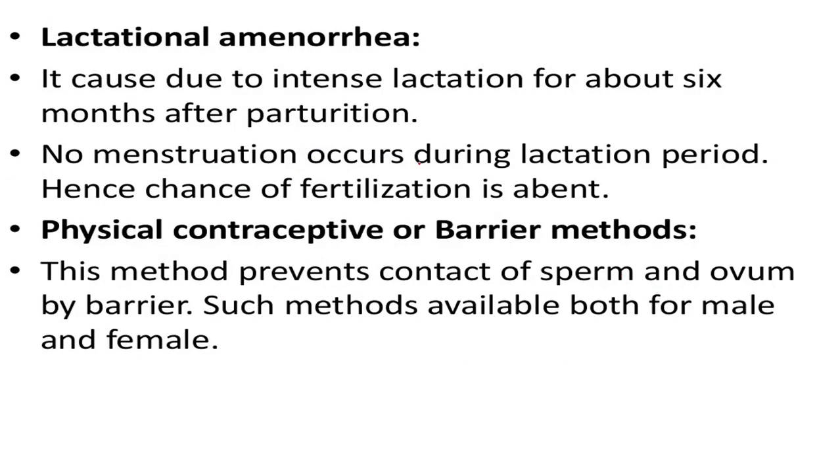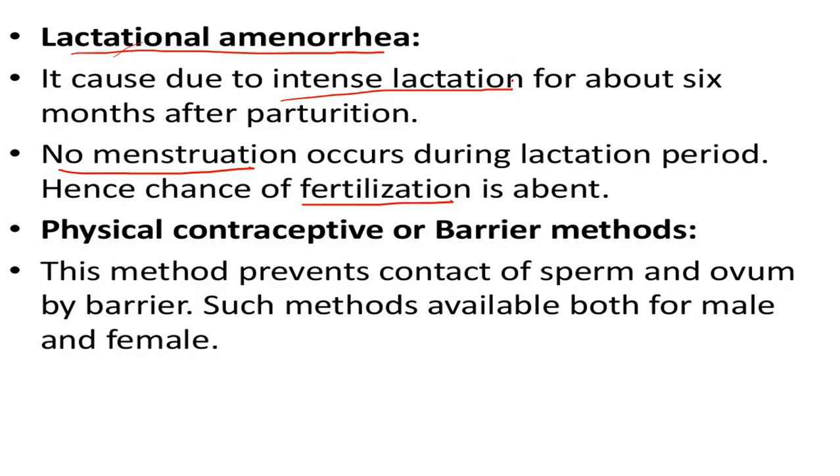In addition to this, you also have one more method which is known as lactational amenorrhea. When the mother is feeding her baby, it is said that during intense lactation, when the baby is fully dependent on the mother for about 6 months, there is no menstruation in women, and if the couple has sexual intercourse at that time, there are no chances of fertilization.